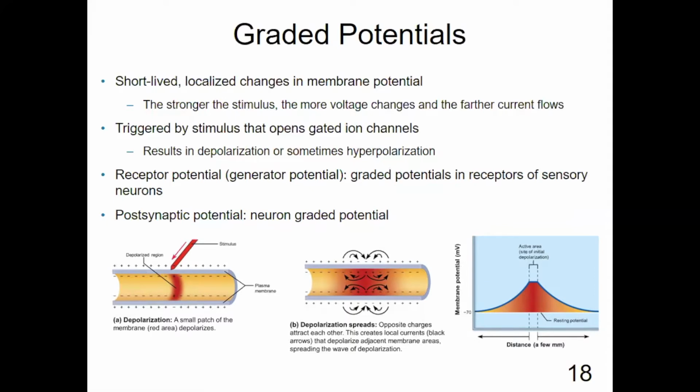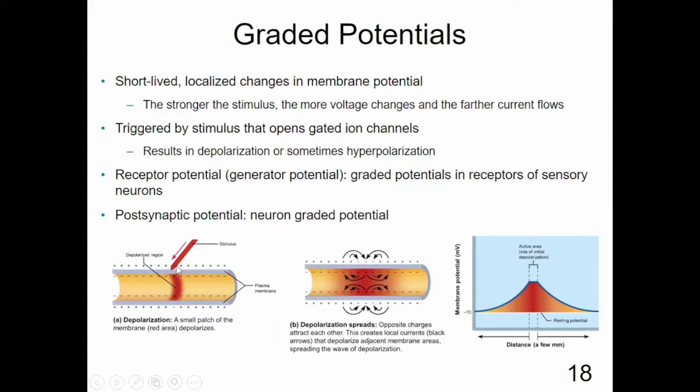And you can see all these negative symbols on the inside of the cell, because remember, the inside of a neuron is negatively charged. It is resting at minus 70 millivolts. So the outside of the neuron is positively charged relative to that inside of the neuron.